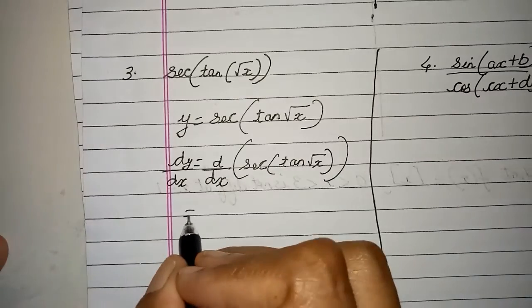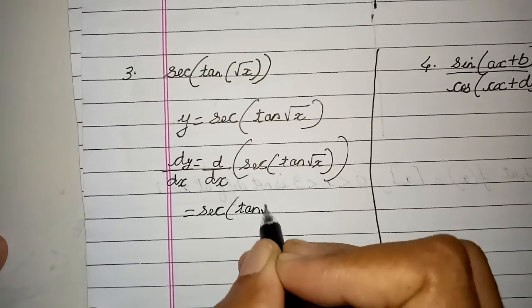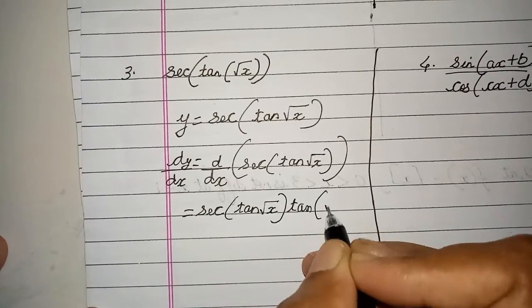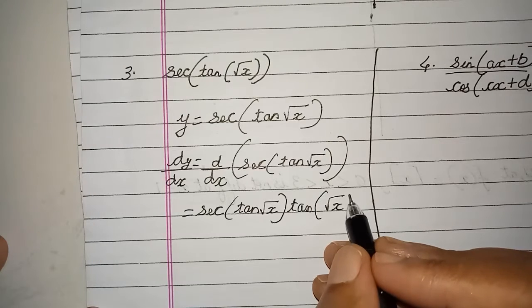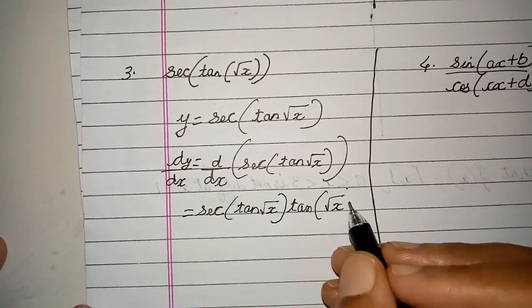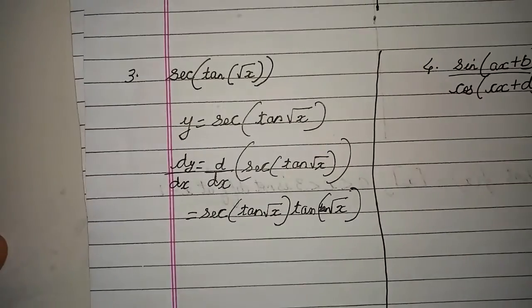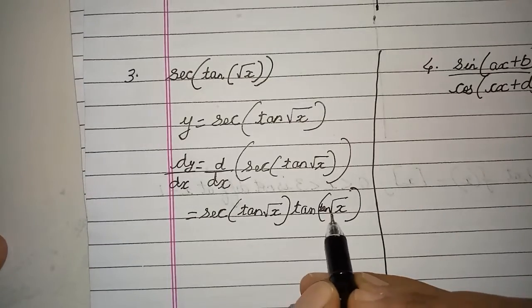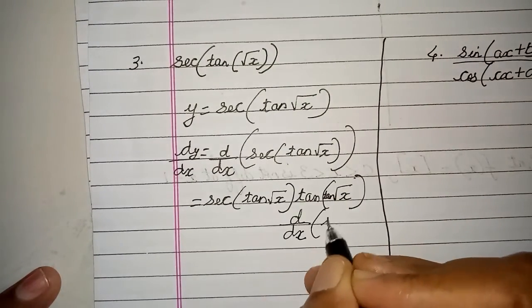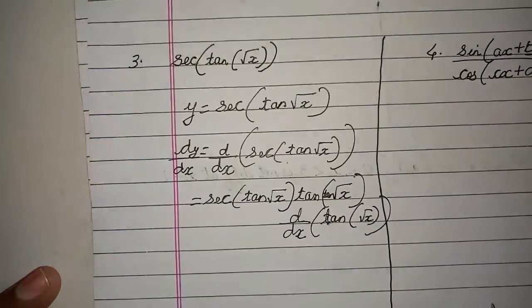This is going to be sec of capital X, tan of capital X, into d by dx of tan of root x, because this capital X is not in the standard form.